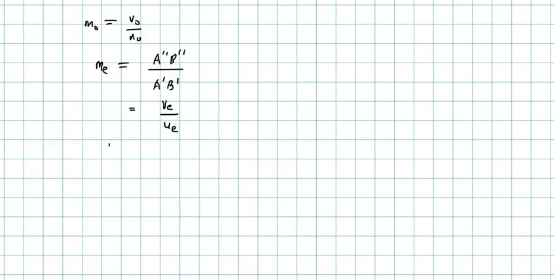Now we know the relation that 1 by FE equals 1 by VE minus 1 by UE.